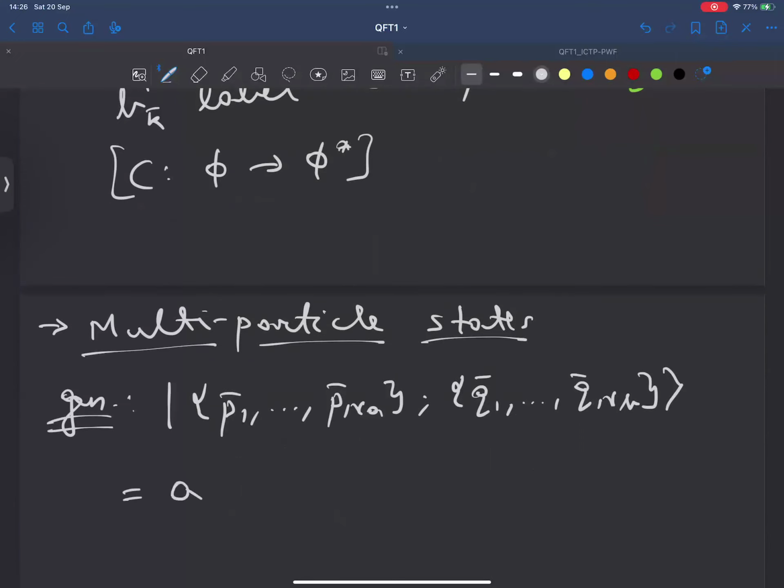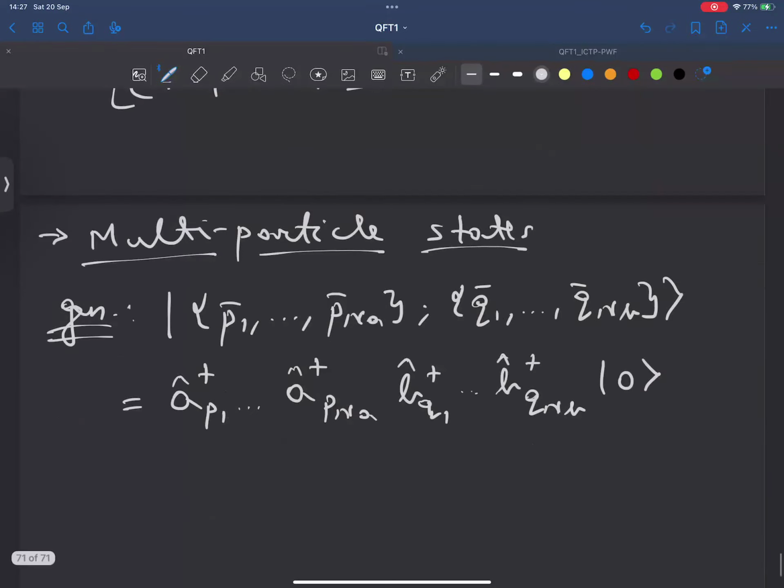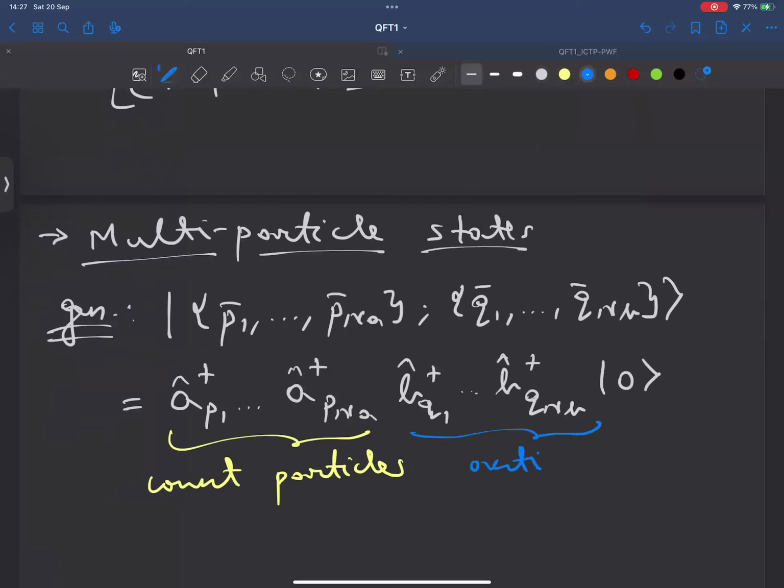And this, as you can imagine, will be like A dagger P1, A dagger PNA, then B dagger Q1 to B dagger QNB, acting on the vacuum. Okay. And the A's will count your particles and the B's will count your antiparticles.